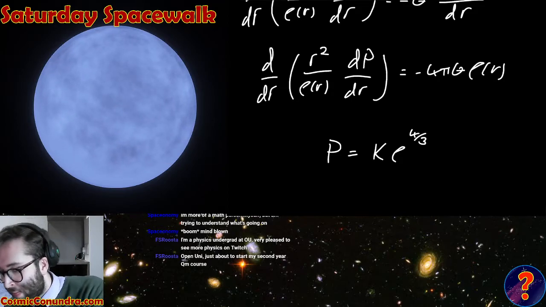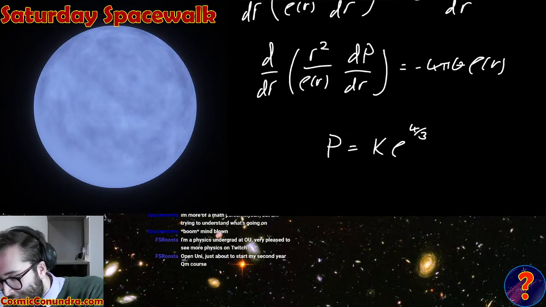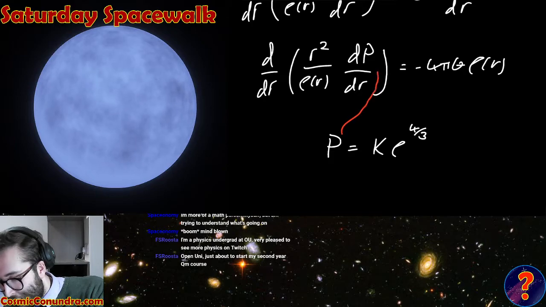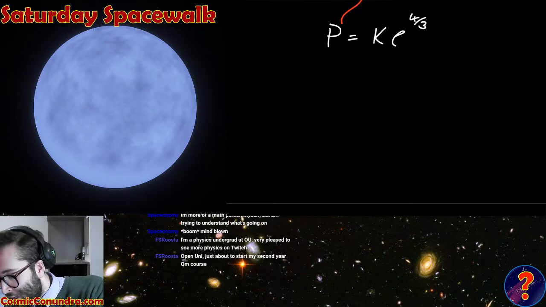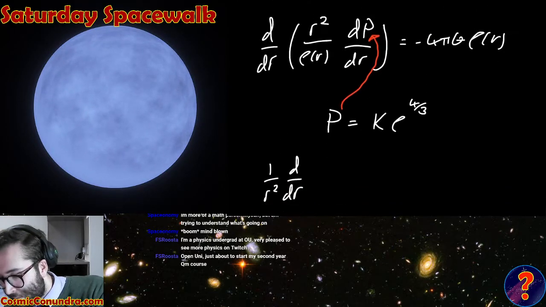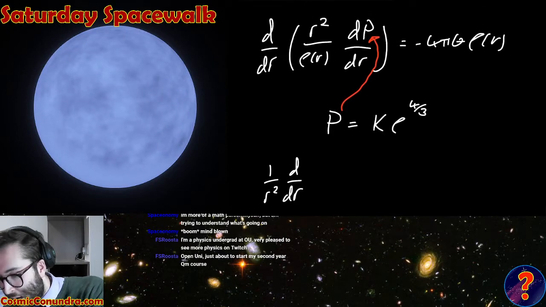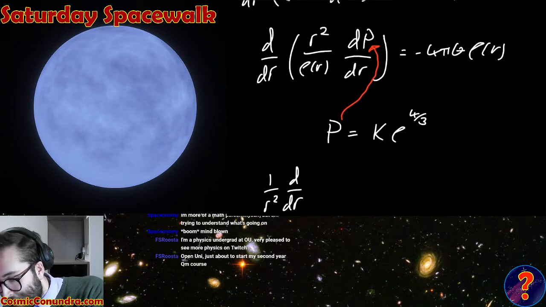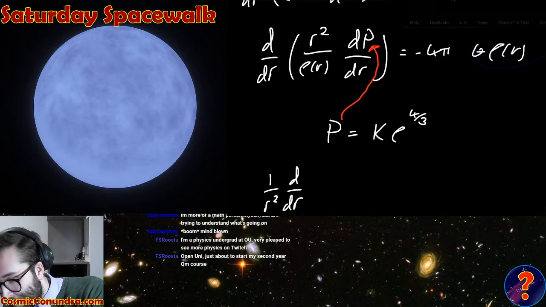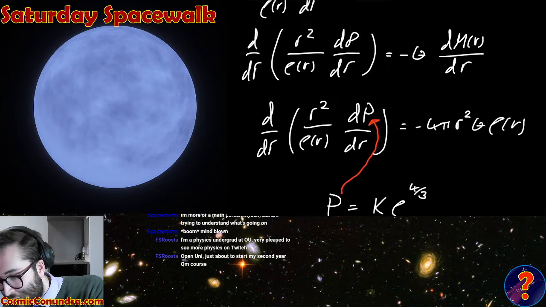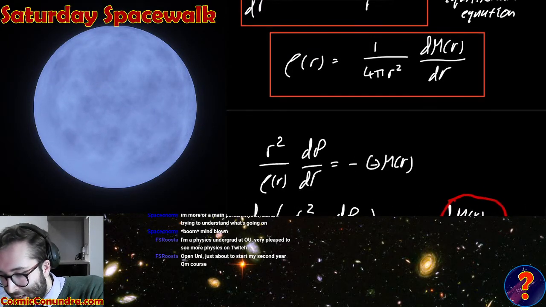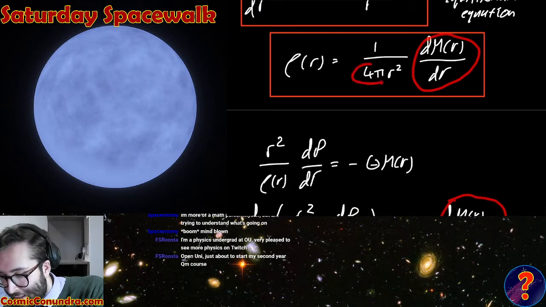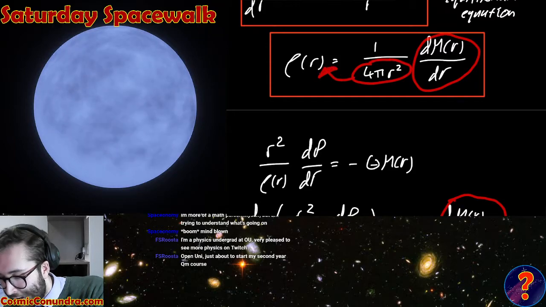If I do that, you can trust me that when you plug this in up here, what you end up with is 1 over r squared d/dr. I missed an r squared here. Remember, what I was doing is substituting dm/dr, and dm/dr has 4 pi r squared times rho(r).